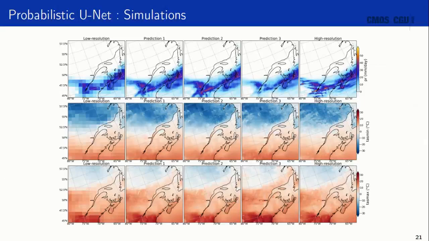So remember, we learn the residuals, but then we combine them with the low resolution to obtain the final reconstruction. And here we have 3 simulations from the probabilistic U-Net. So you can see that there's some variability. It's not as sharp as the high resolution, but still it seems to be realistic. It's a bit smoothed. And similarly for Tmin and Tmax, although we see less variability for these 2 variables.